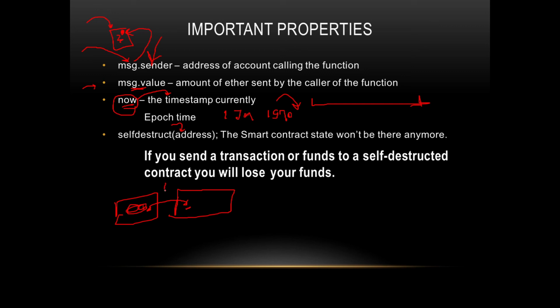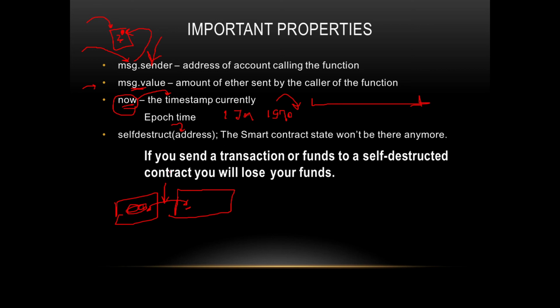Now if you call self-destruct at this point, from the next block, the state will disappear and no more state will be there. So the contract will apparently be out of the blockchain, but it is already inside the blockchain and you can't work with it because it is destroyed.